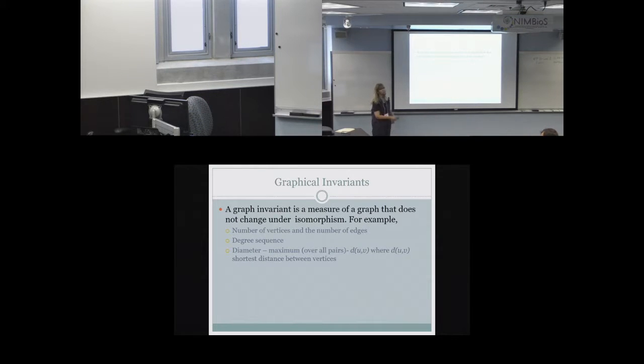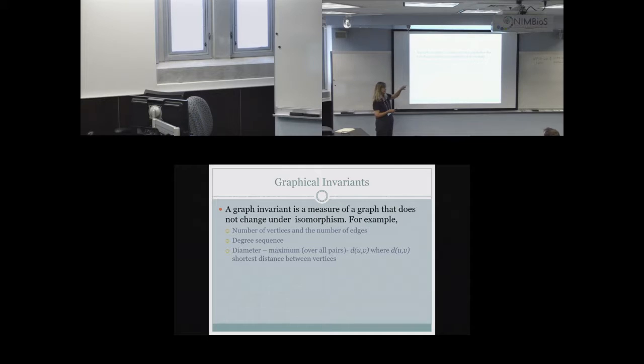Okay, so what do we do with these graphs? We typically define a lot of numerical quantities that say something about the structure of the graph. They're called graphical invariants, specifically because they don't change under isomorphism. The most obvious of these we've already done: count the number of vertices, count the number of edges.